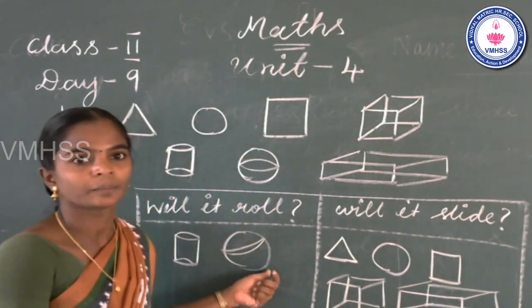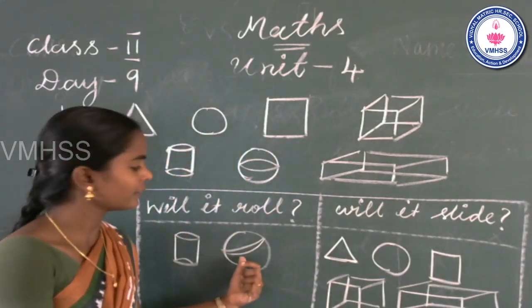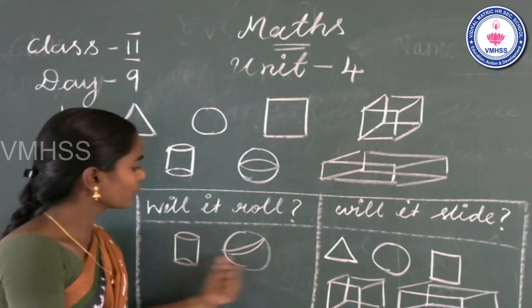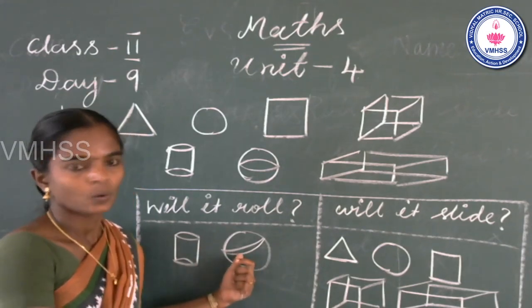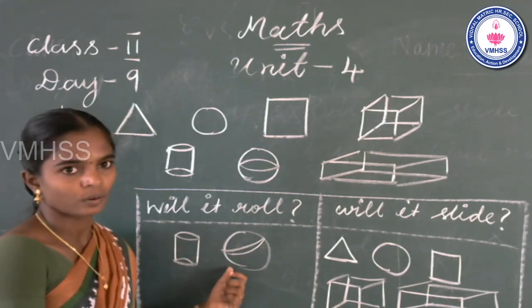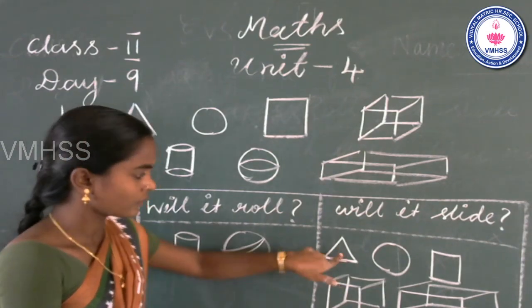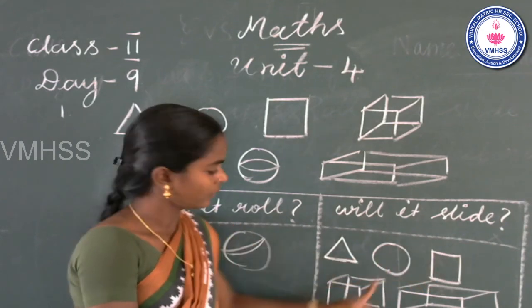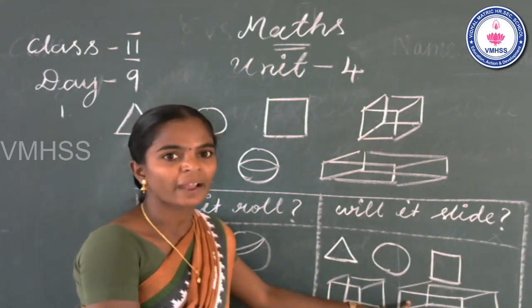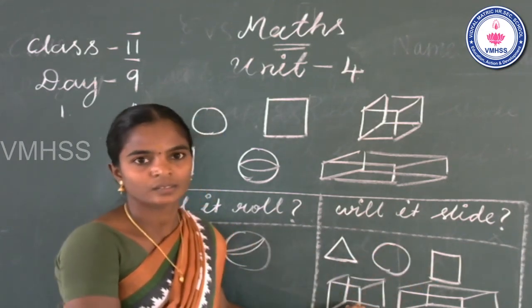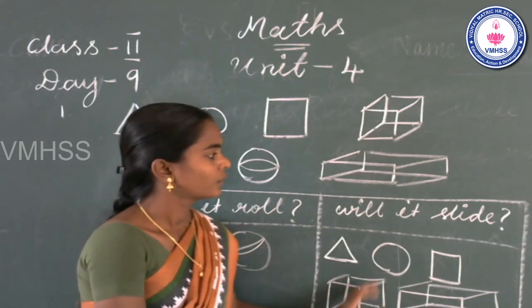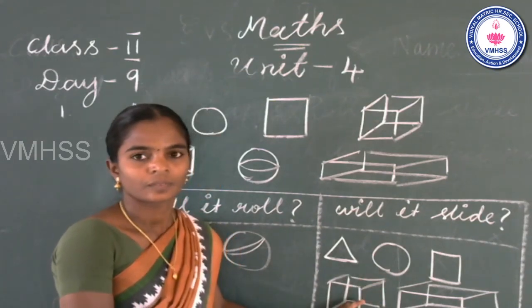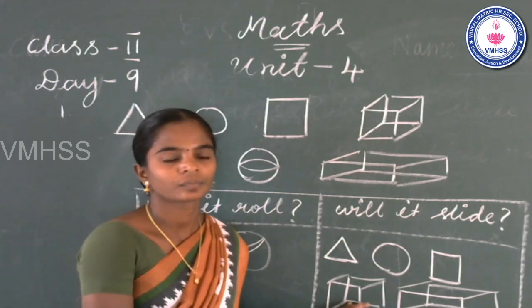Is it clear? Cylinder and sphere have a curved face, so they will roll. But triangle, circle, square, cube and cuboid have flat surfaces, so they slide.